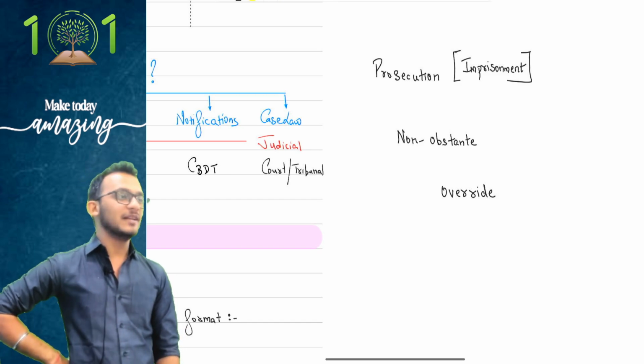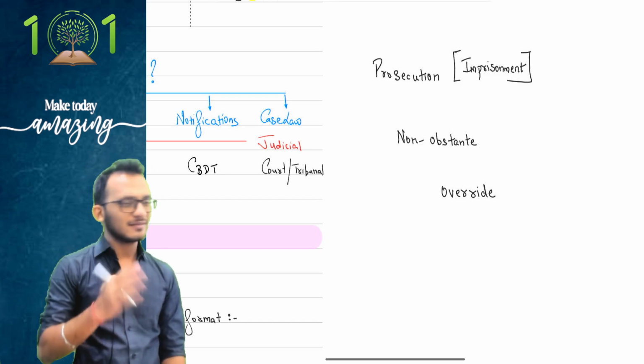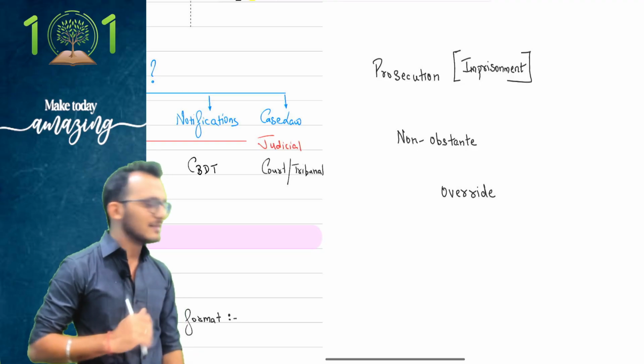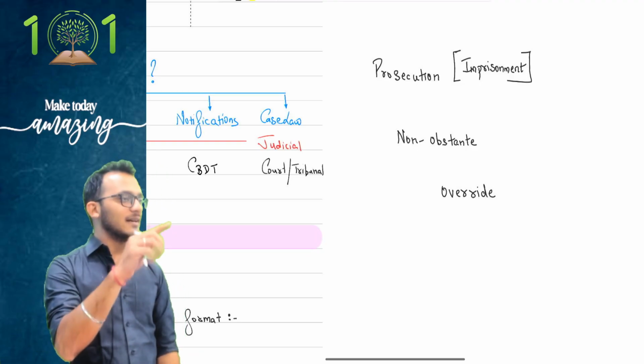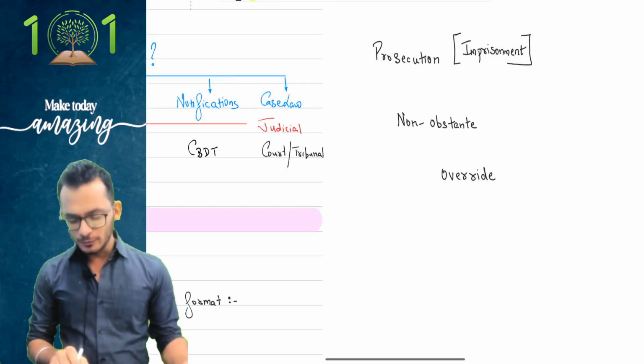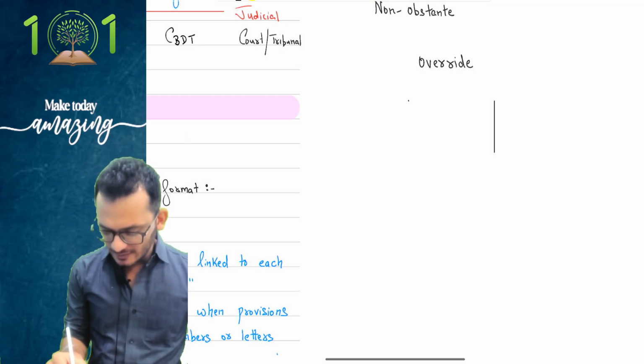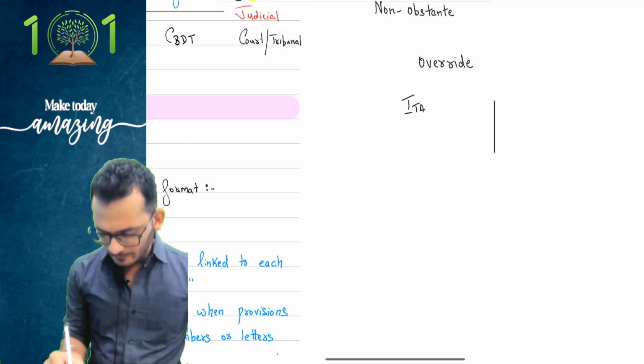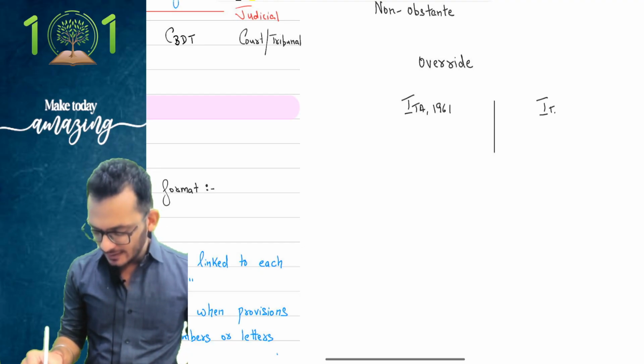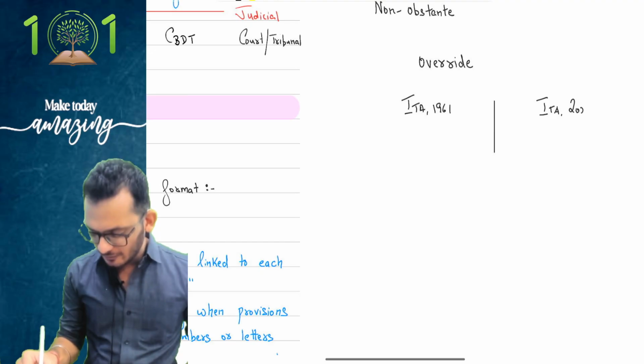Notwithstanding became irrespective. Under that, you're going to break into two, put a line in the middle. Left one says ITA 1961. Right side says ITA 2025.